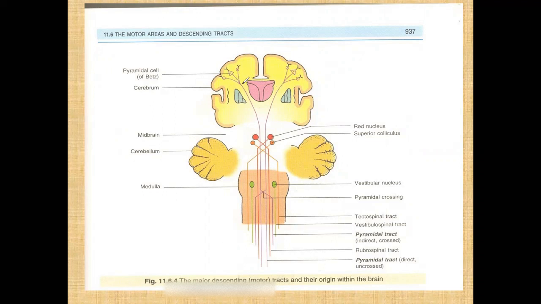And when these corona radiata move down, we see here there is the thalamus, then here there is the internal capsule, and then here there is the lentiform nucleus. And where do these descending tracts come down from? From the internal capsule.